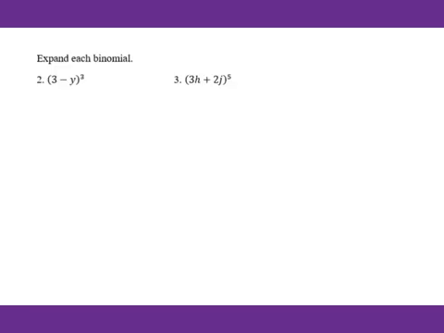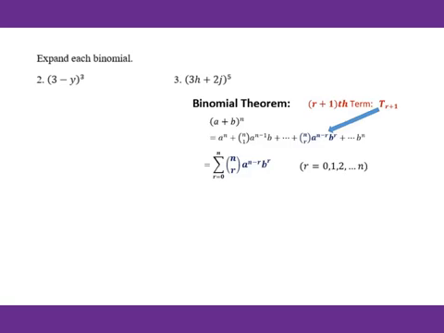Let's do some examples. Expand each binomial. For number 2, (3 minus y) to the third power. We can use the binomial theorem to write down this form first. Consider this is a, this is b.